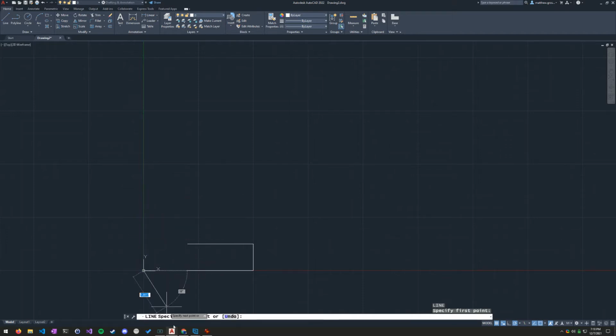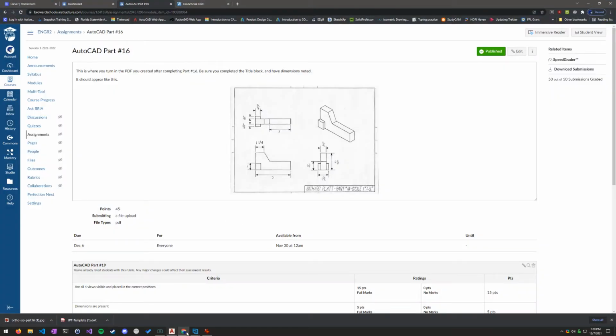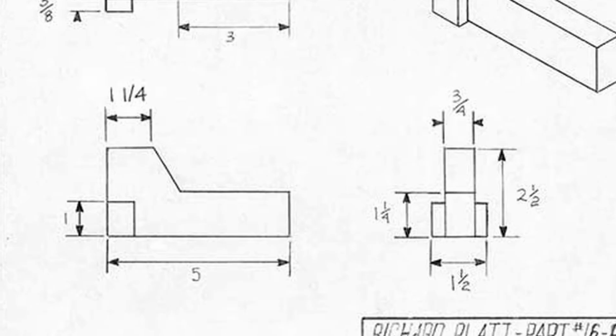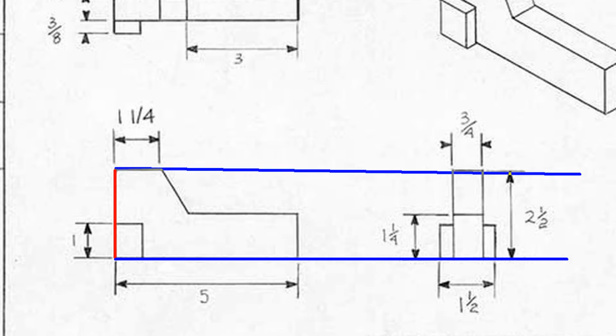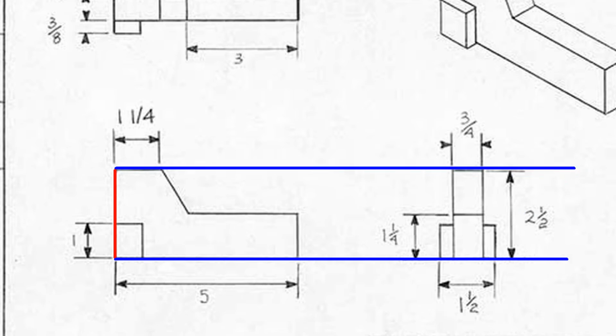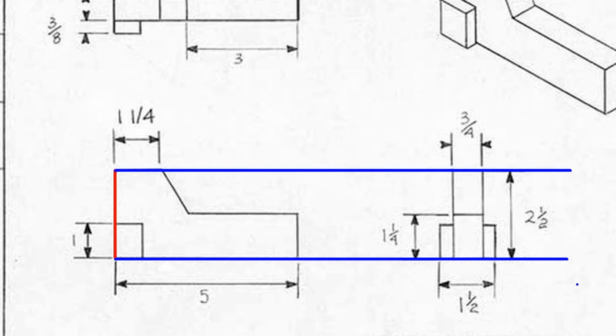Now we're going to go up. Again, when I go up, do I have a measurement for this line? I don't, not on this front view. But if I scan my eyes over to the right side view, which is to the right of it, I see yes, there is a measurement for this line.